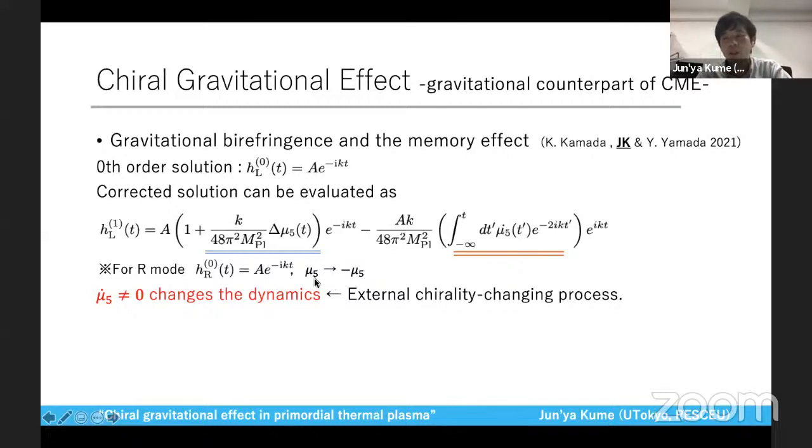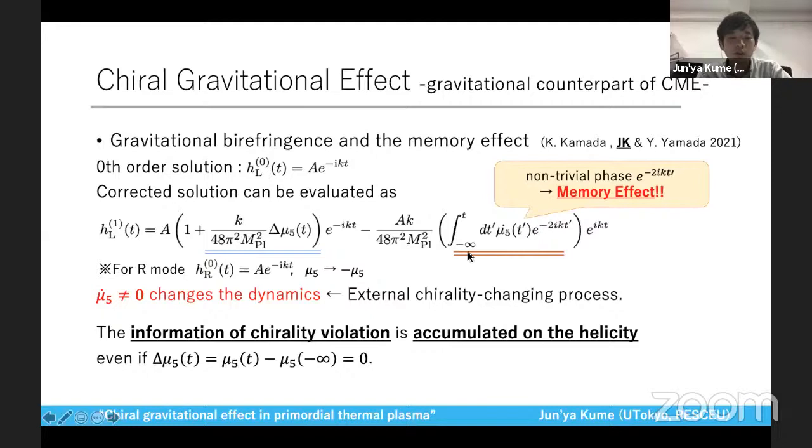The CME becomes non-trivial even with just a constant but non-zero chemical potential, whereas here a non-zero mu5 dot is required for the gravitational case. So we need some external chirality-changing process, but there are some examples in cosmology, like birefringence and Yukawa flipping interactions. So we can consider this becoming relevant in cosmology.